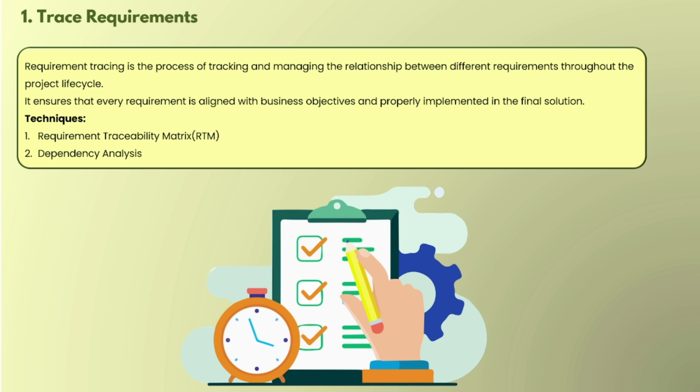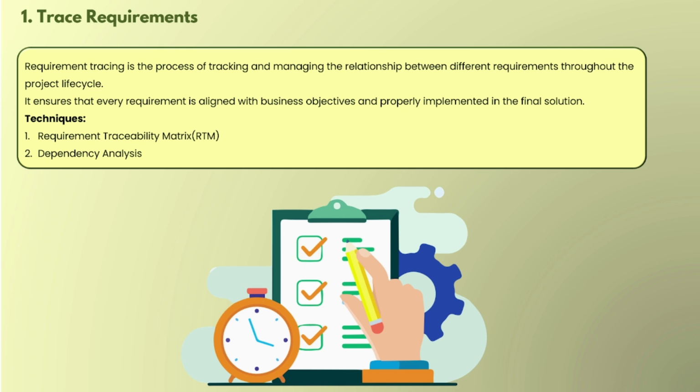Requirement tracing is the process of tracking and managing the relationship between different requirements throughout the project lifecycle. Well, requirement tracing is kind of like connecting the dots. It helps us see how different requirements are related to each other. Let's take an example again. If we have a feature like user login, for every system, every software, any mobile app, we need to put in the username, then the password.